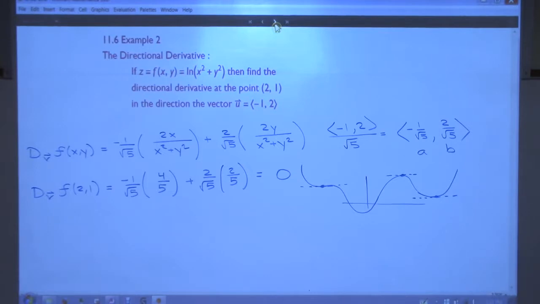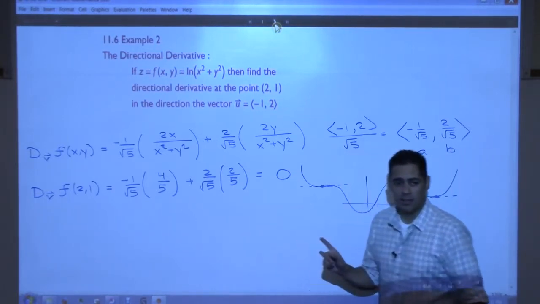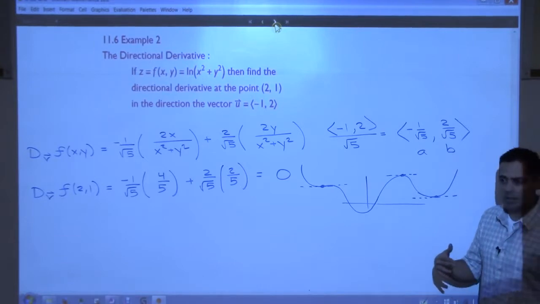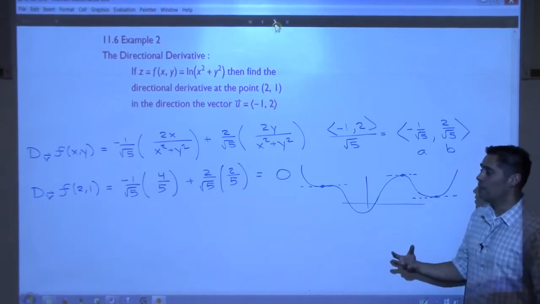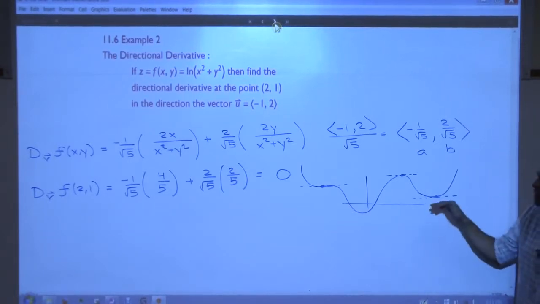The next section is about trying to find the maximums and minimums of a function of two variables. It's a procedure on how we find the highest and lowest points on surfaces. Do you remember, in Cal 1, we had the first derivative test and the second derivative test?